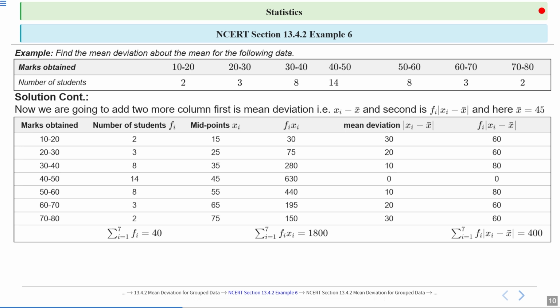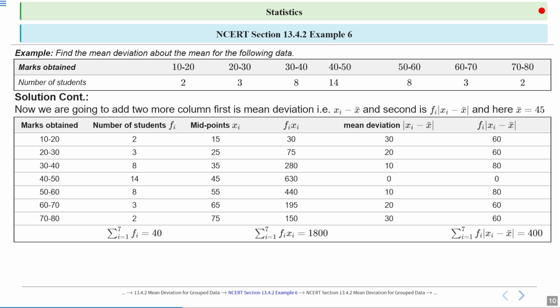So look at this table. In this table we calculated the absolute value of xi minus x bar, and then we multiplied the corresponding frequencies with the absolute value of xi minus x bar.